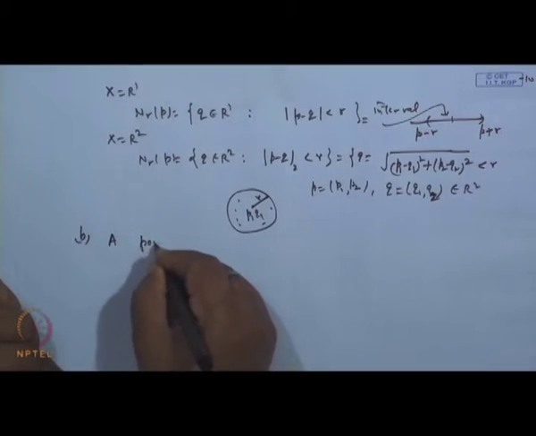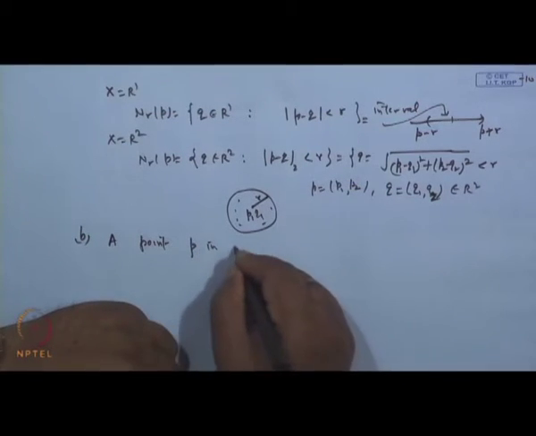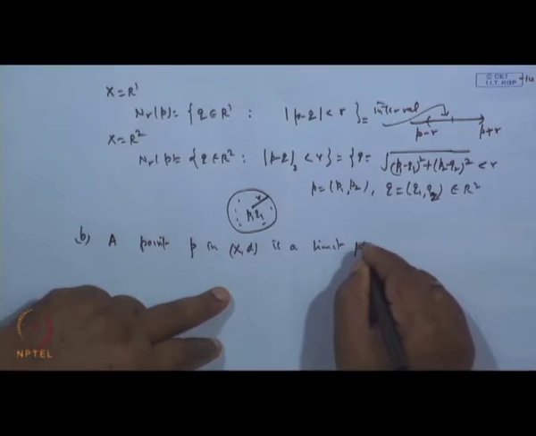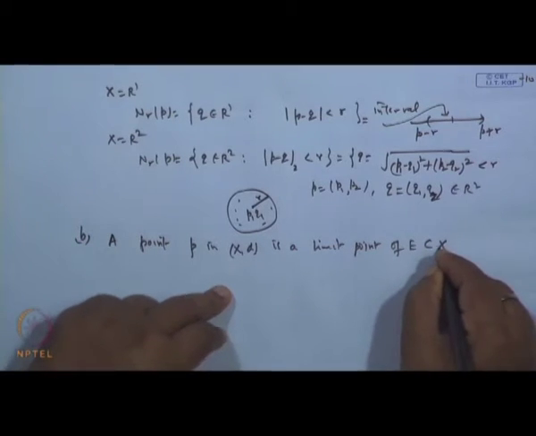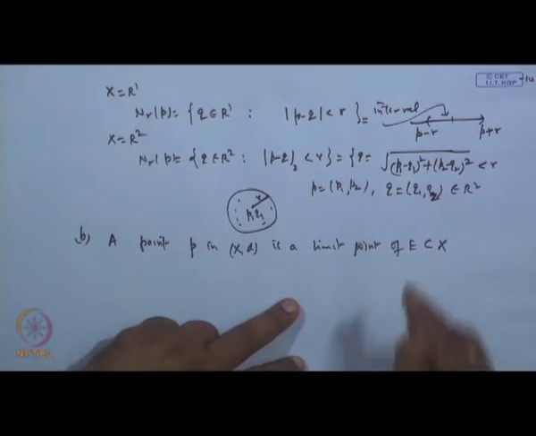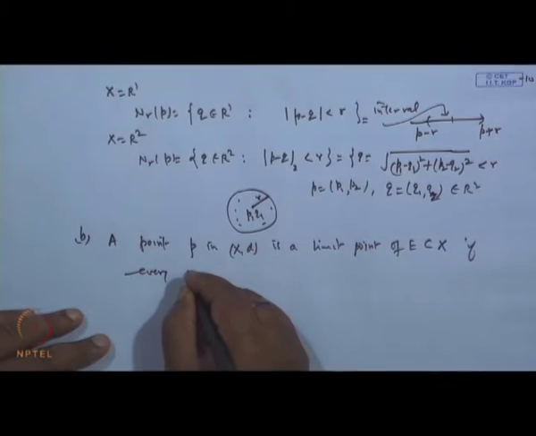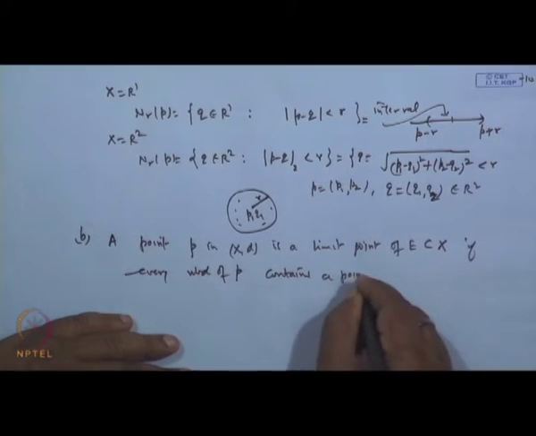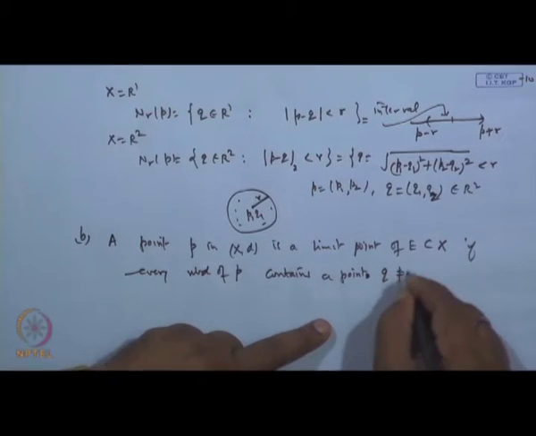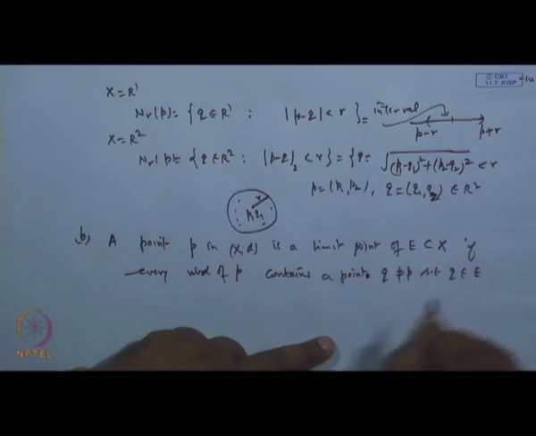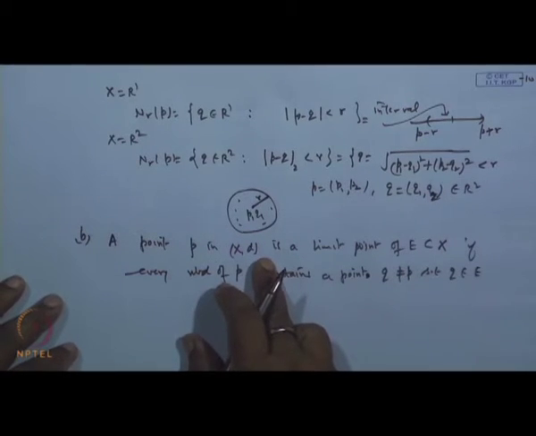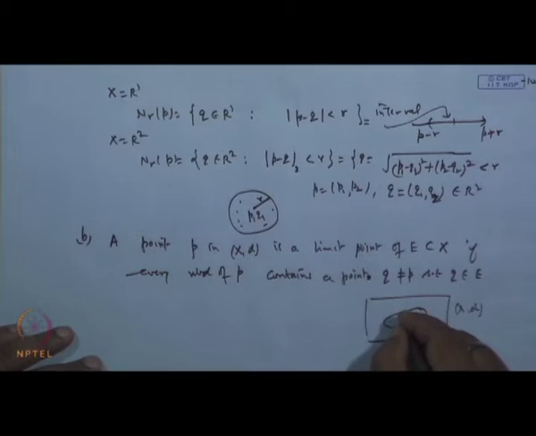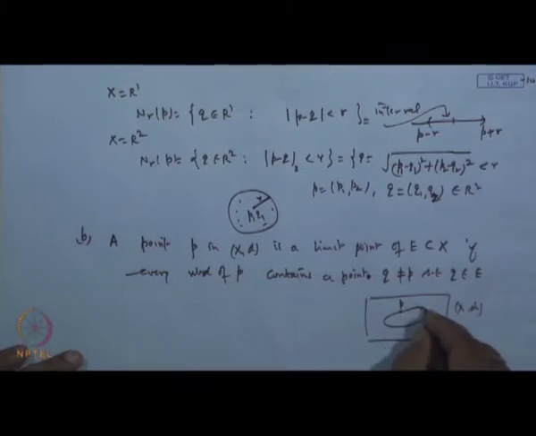A point P in a metric space X, d is a limit point of the set E, which is a subset of X, if every neighborhood of P contains a point Q different from P such that Q is in E. So, if this is a metric space X, d and here is the set E, this P may or may not belong to E, but it will be a boundary point of E if it is a limit point.